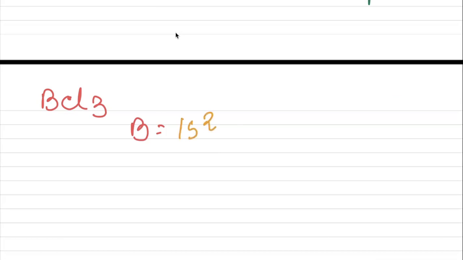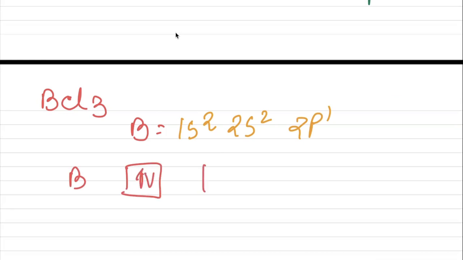Ma'am, 1s2, 2s2, 2p1. Yes. So let's see its valence shell configuration: 2s2, 2p1.